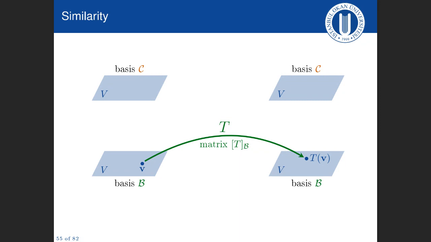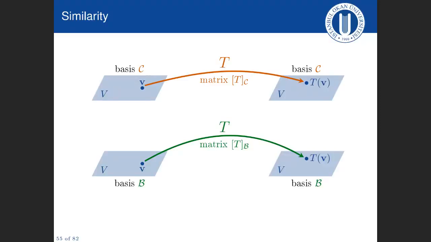Now look at the top 2 vector spaces. Again, we have our linear operator T, which maps the vector V to the vector T of V. But now, because we're using the basis C, we have a different matrix. We have [T]_C. And the left 2 and the right 2 vector spaces are connected using the identity operator.